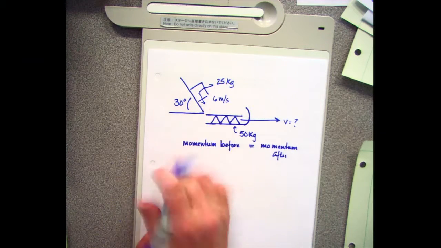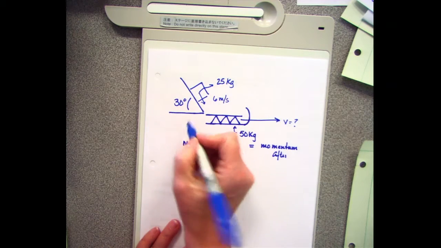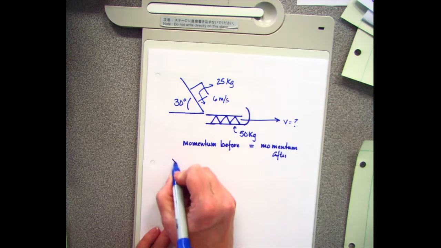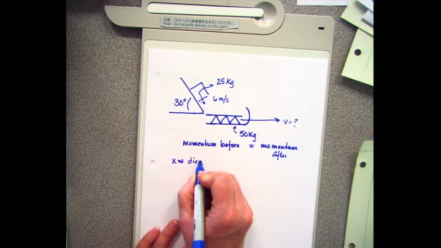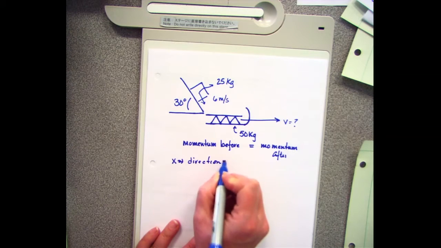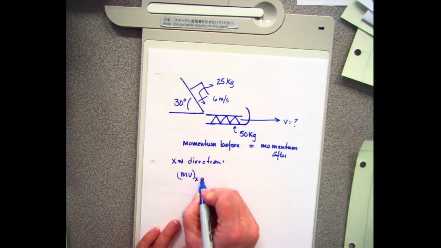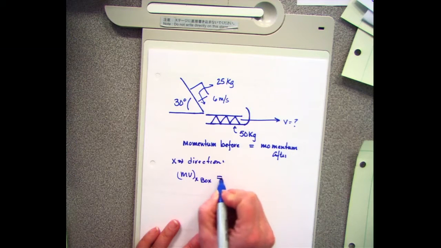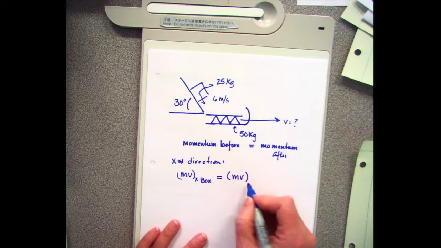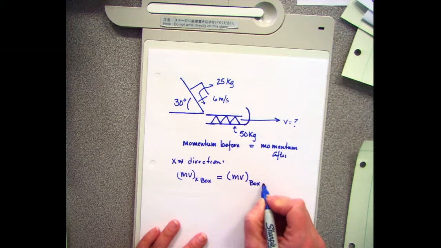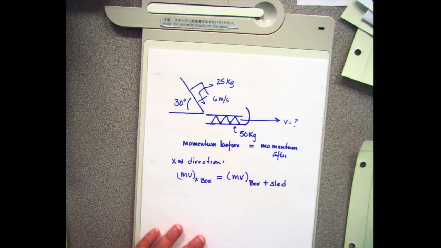So what's going to happen here, and we know what happens, the box is going to hit this, so I'm going to need to know the x component, because the x direction is where things are going to happen. So we are going to need the momentum in the x direction of the box, and that's going to equal the momentum of the box and sled after it comes off the chute.